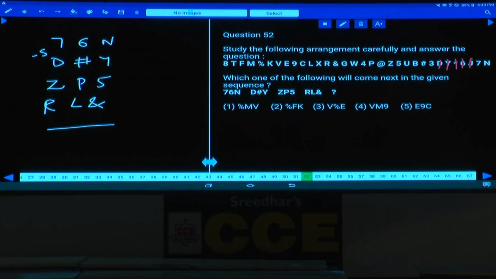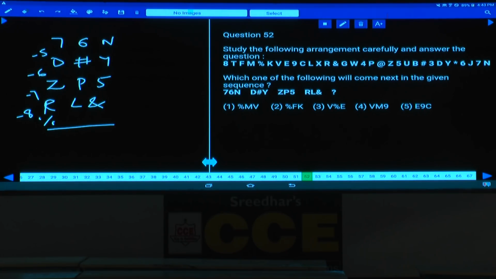D and Z, minus 6. Z and R, minus 7. The next one is minus 8. From the first element in each of these terms, 5, 6, 7, 8 letters are subtracted. Subtracting means we are moving from right hand side to left hand side.